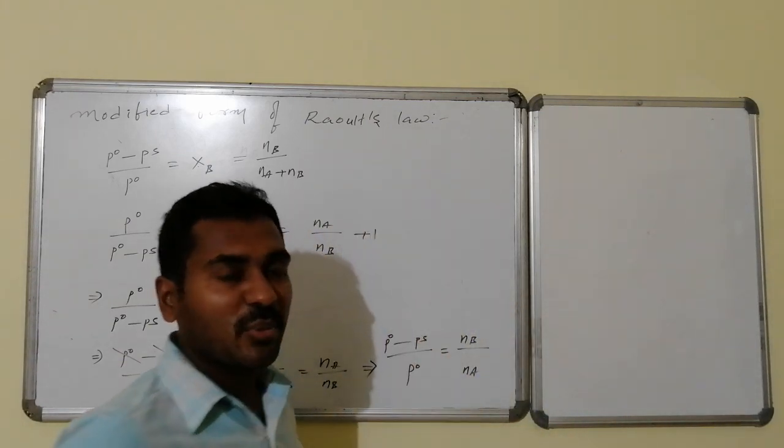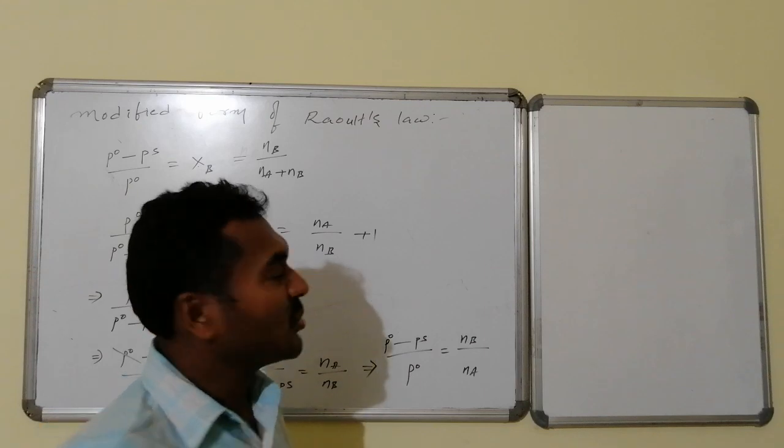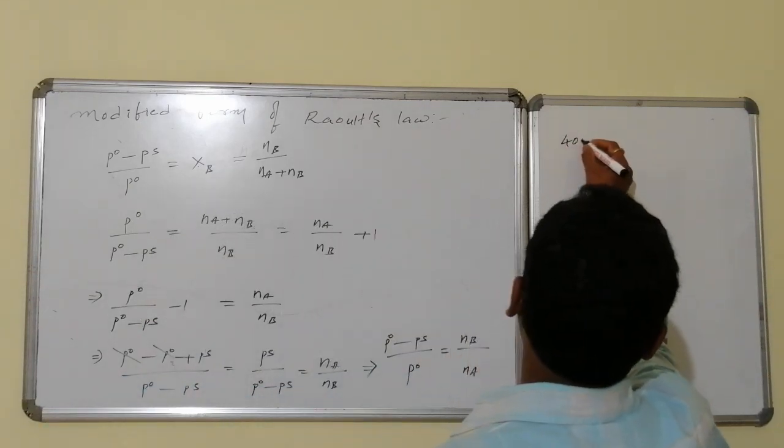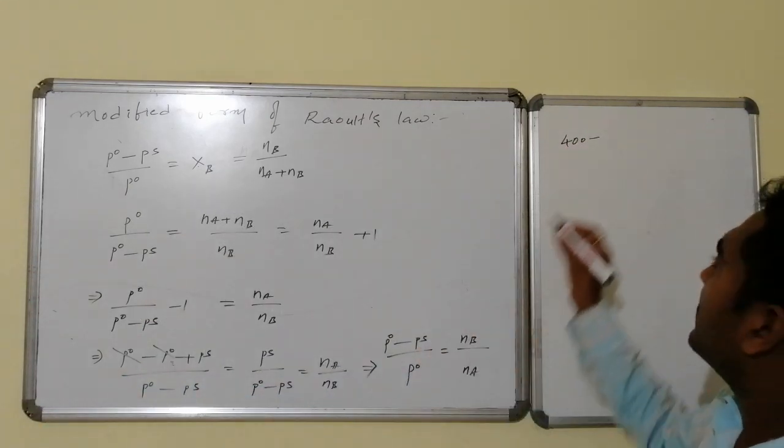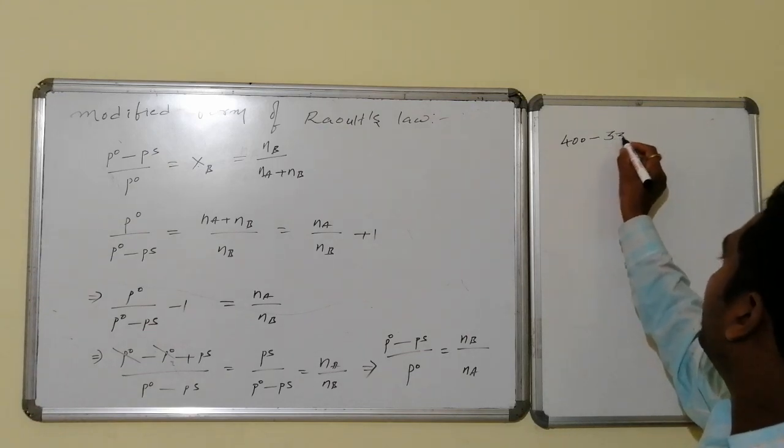If we solve the same problem: vapor pressure of pure solvent is 400 mmHg, vapor pressure of solution is found to be 333 mmHg.